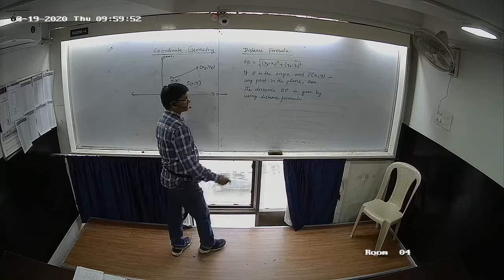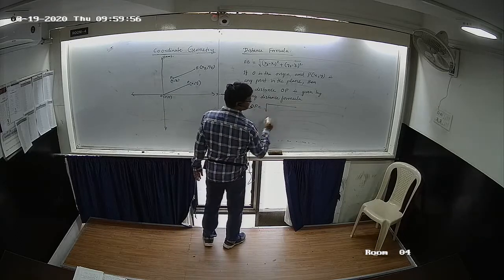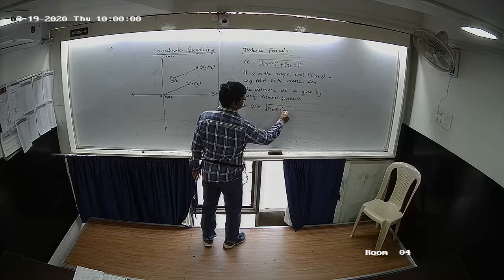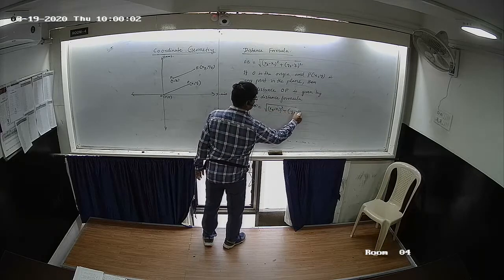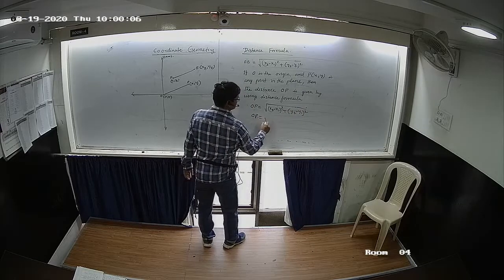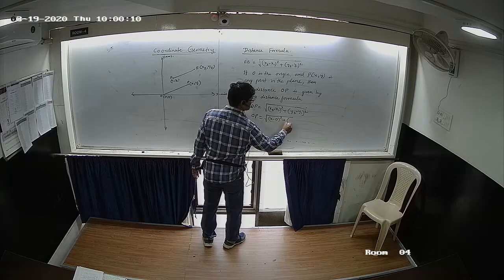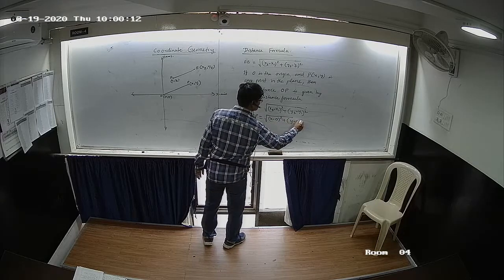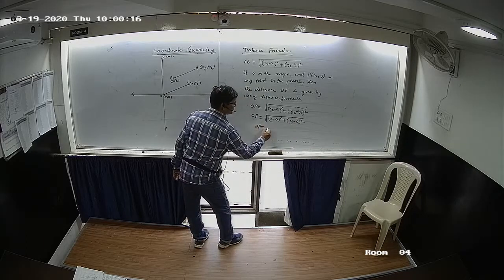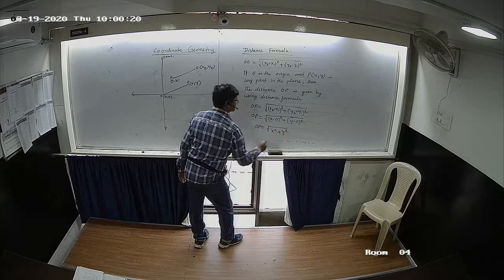OP is equal to the square root of (x2 minus x1) whole square plus (y2 minus y1) whole square. That is, OP is equal to the square root of (x minus 0) whole square plus (y minus 0) whole square. So that gives you OP equal to the square root of x square plus y square.